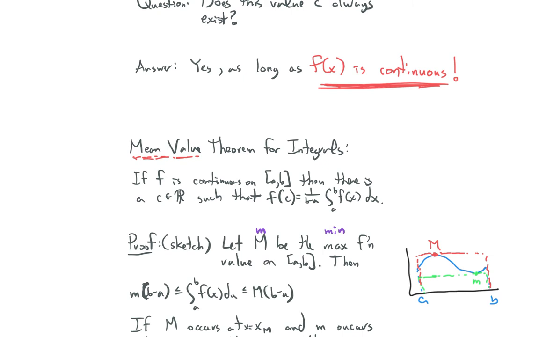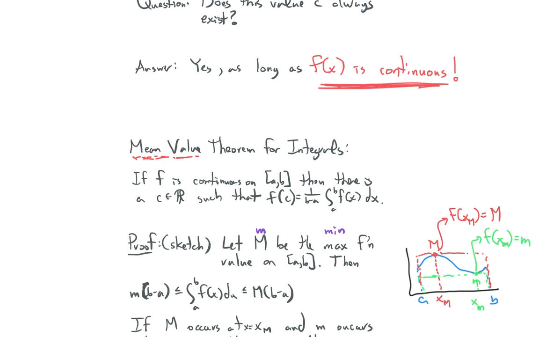And just to give it a little more notation, let's say this maximum value occurs at x sub big M, and this minimum value occurs at x sub little m. So we can say, just as an example, that f of this x value is our maximum, and f of this x value gives us our minimum.